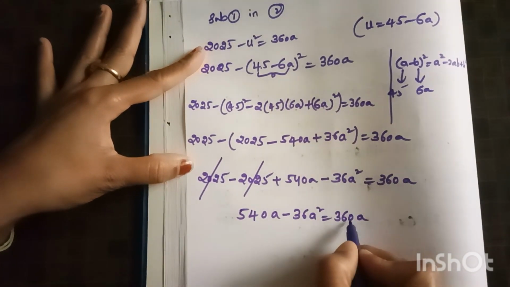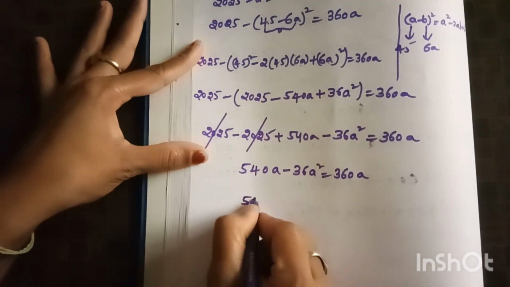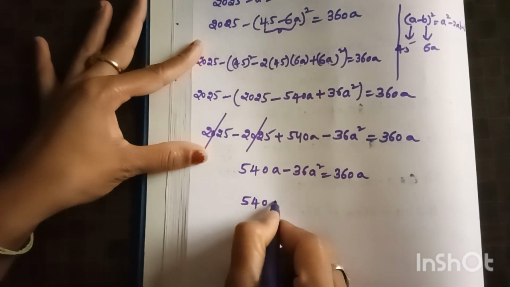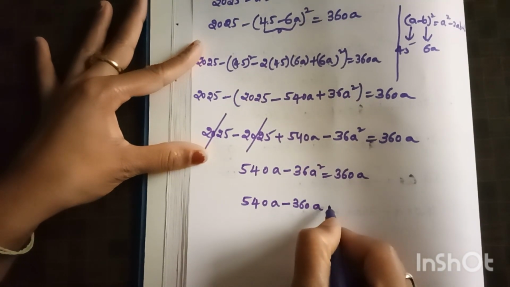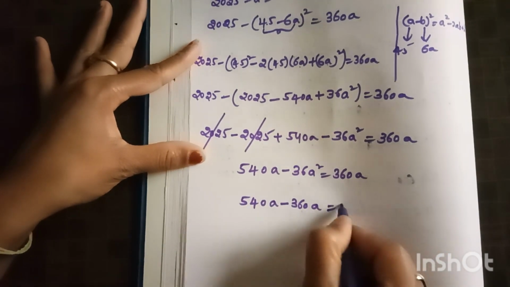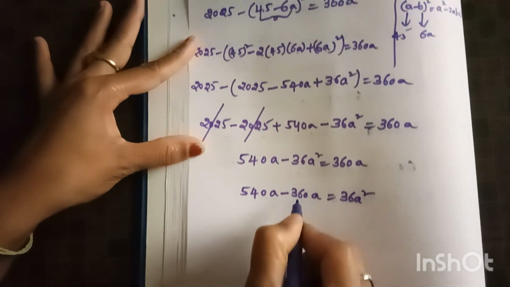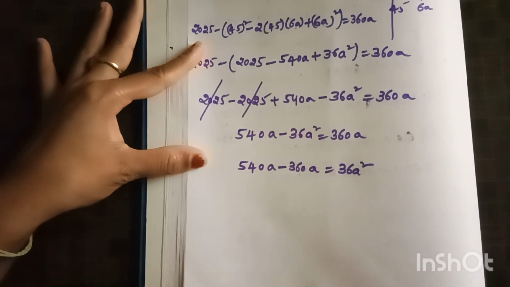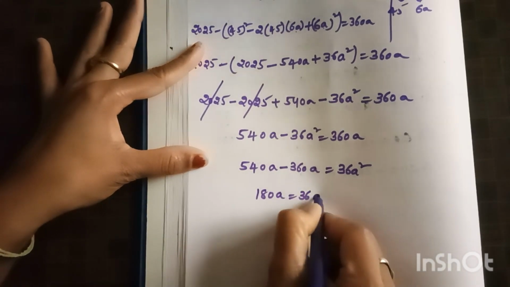So send 360a to the left hand side, it will become minus 540a minus 360a. I am sending minus 36a square to the right hand side, it will become plus 36a square. 540 minus 360 will be 180. 180a equals 36a square.